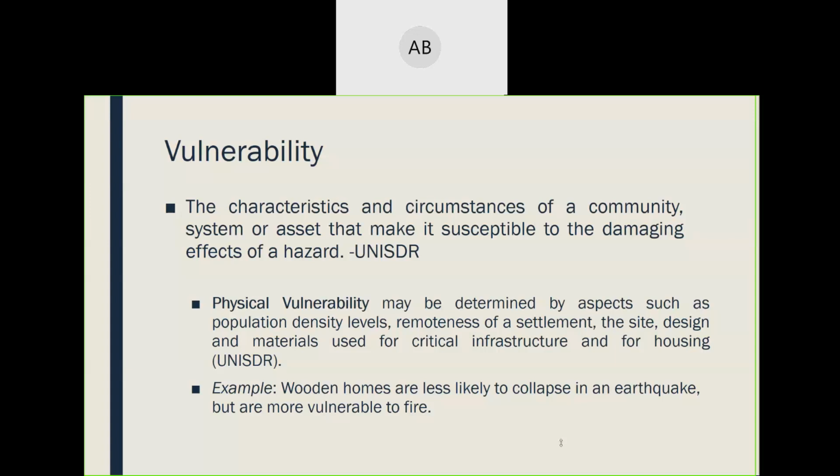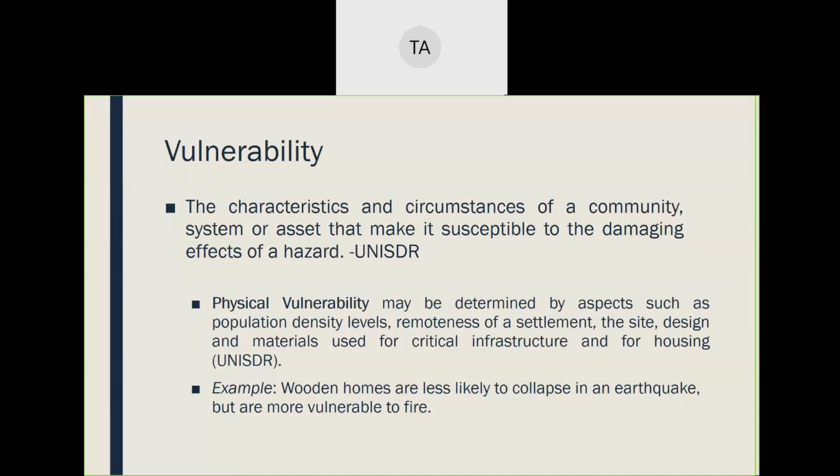The other one is not an RCC house, it is a simple bamboo house. So I think the friend's house will collapse. Which house is likely to get damaged? Your friend's one, not the RCC one. Yeah, exactly.